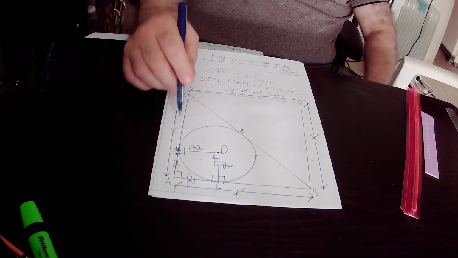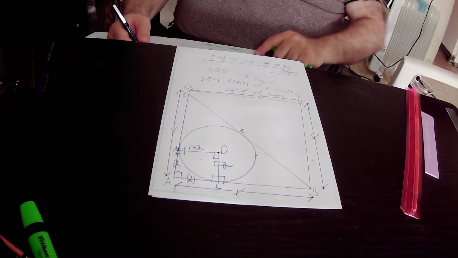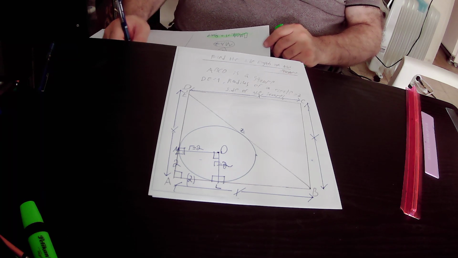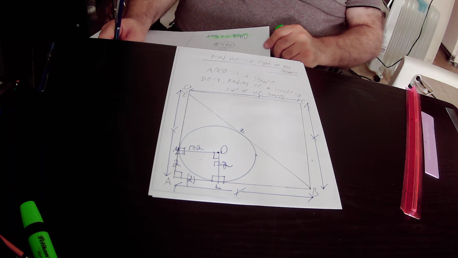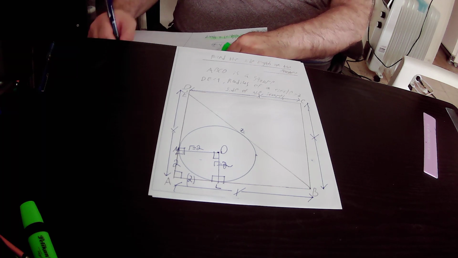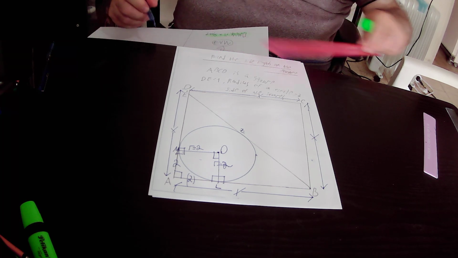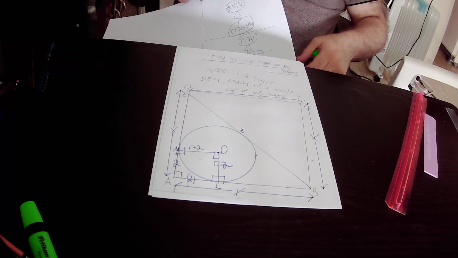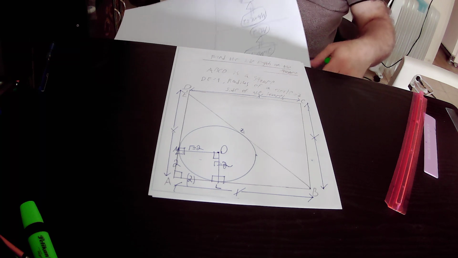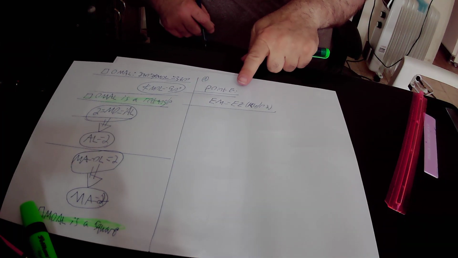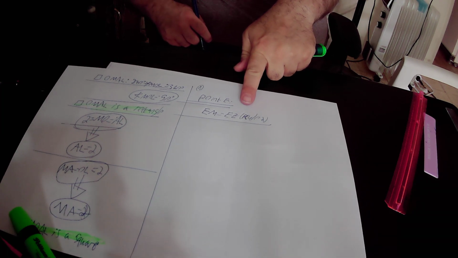The first tangent is tangent EM. And the second tangent is tangent EZ. And according to rule number 2, the lengths of those two tangents are equal to each other. That is to say, EM equals EZ according to rule number 2.